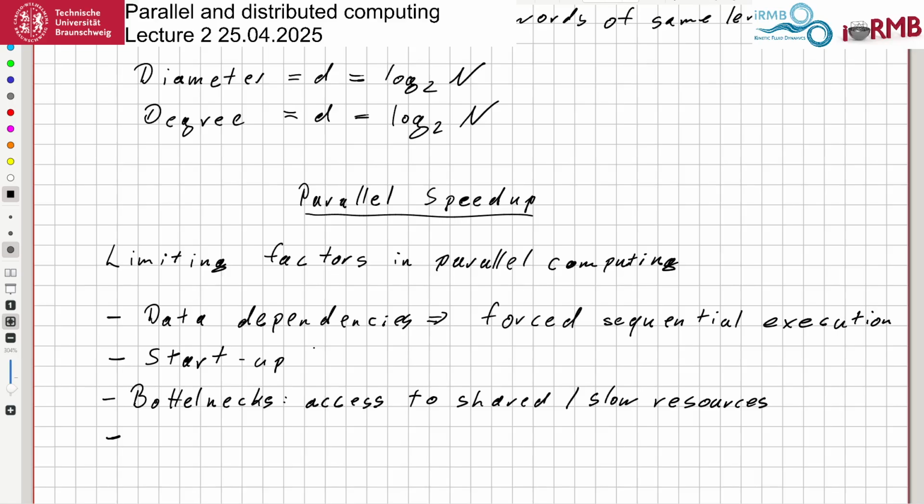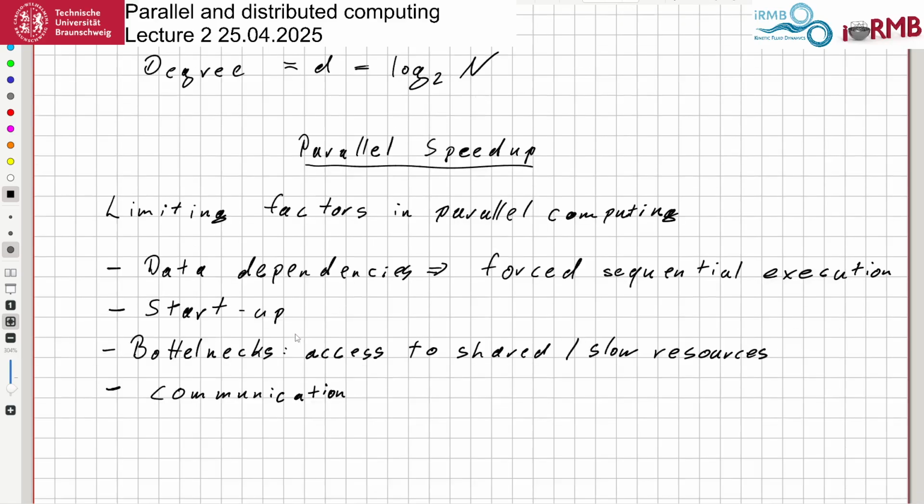Yeah, so this means you have to have communication. So communication is something that if you do everything yourself, you don't need. Yeah, so this is actually additional work that you have to do only because you're parallelizing things. Yes, and also you have to manage your resources.